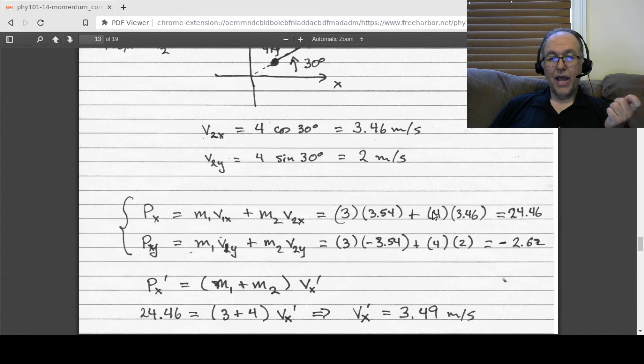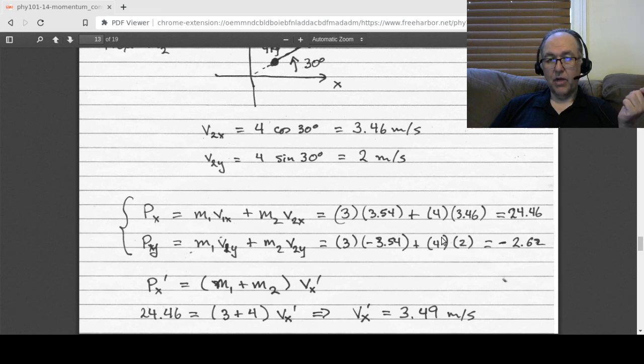Then m2 was 4, and v2x was that 3.46. Working that all out on my calculator, I got 24.46. This is kilogram meters per second, but I dropped the units here. Py, same thing, but now for v1y I put in negative 3.54, again from above, and for v2y I put in 2.